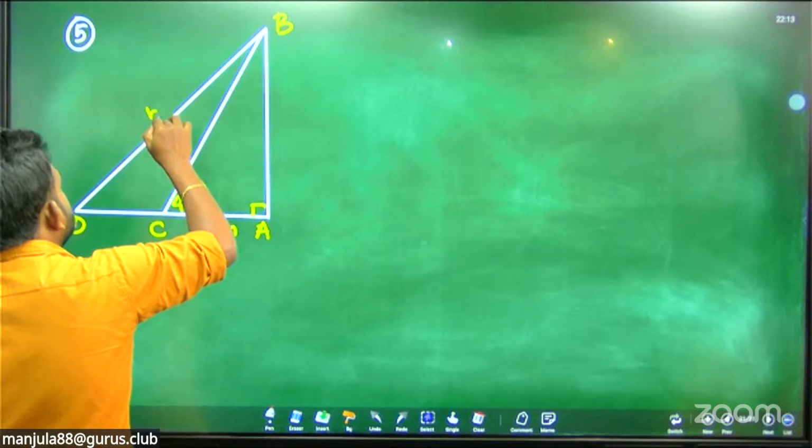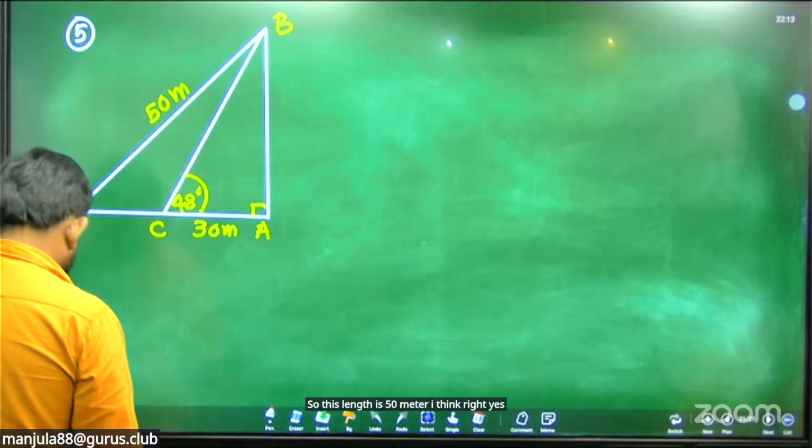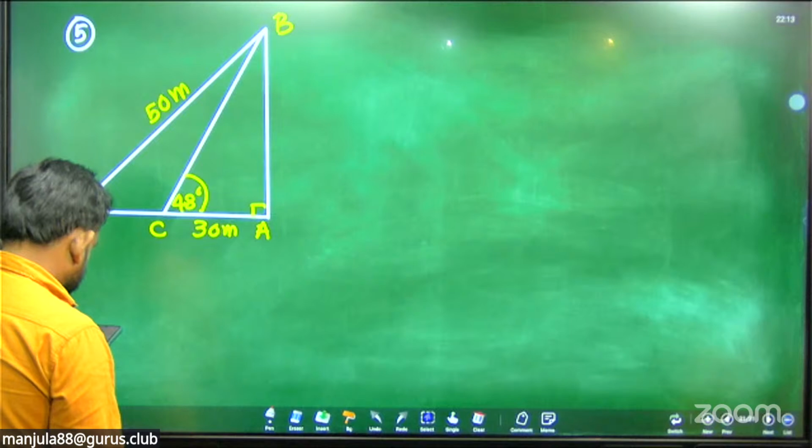So this length is 50 meter, right? The length of a wire tied to B from the point D.